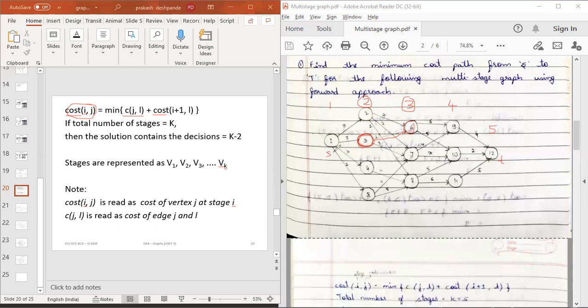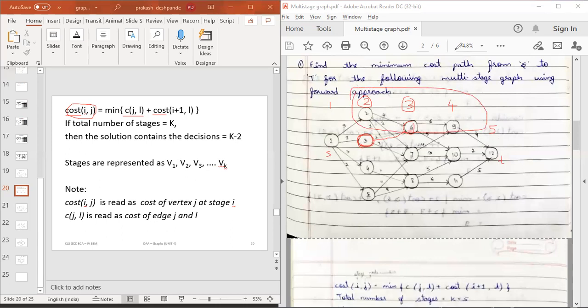And we know that if there are k stages, then there will be k minus 2 decisions. So here there are 5 stages, 1, 2, 3, 4, and 5. Then we will have to make k minus 2 decisions, because the source and the destination stages we need to exclude. Excluding that, we get only 3 different stages. At each of these 3 stages, we need to make the decisions.